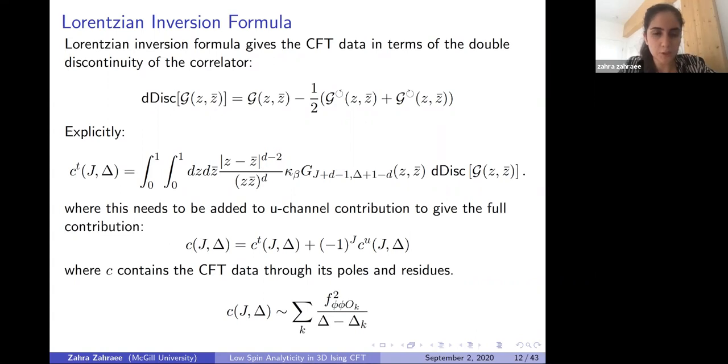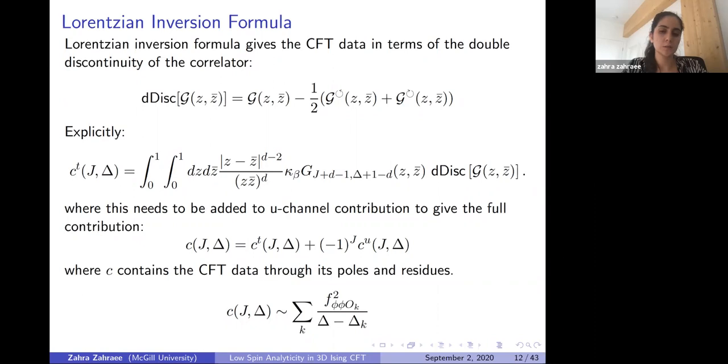By construction, yeah, it's not obvious that C includes the cuts, but yeah, okay. Whether the full spectrum can be built from the inversion formula, I don't know the answer to that question.